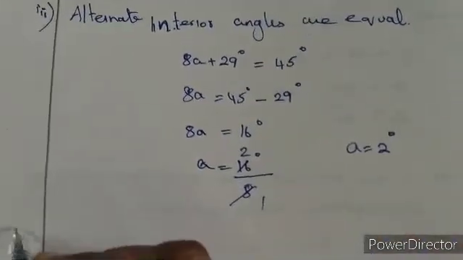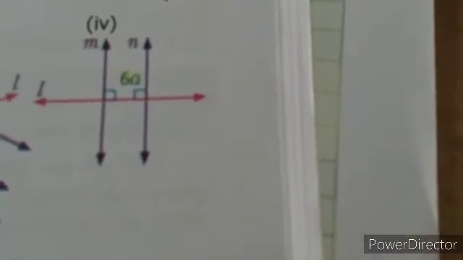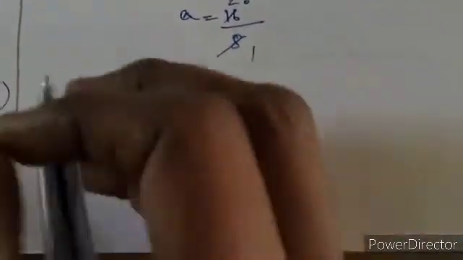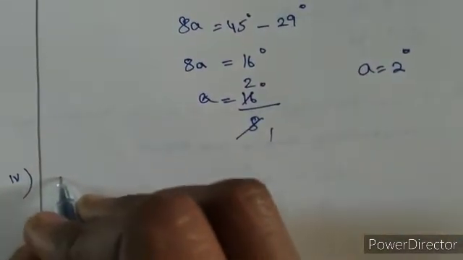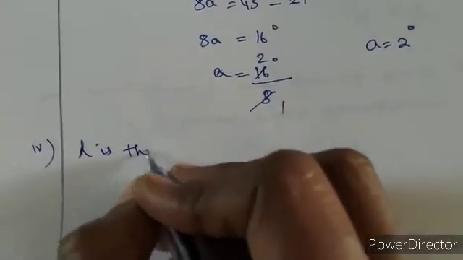Next is subdivision 4. Given in the figure, it is M and N are parallel lines and L is a transversal which is perpendicular to M and N. So what we have to write here? M and N are parallel. L is the transversal.